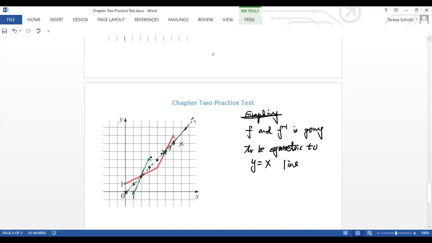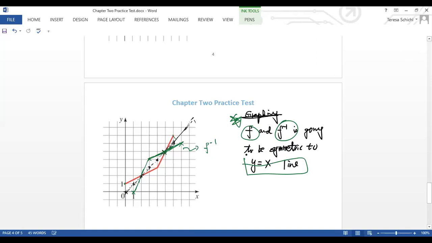So what is my graph here? This is my graph. This green one here is F inverse. Look here, it's symmetric to the y equal to x line. This is the part we need to remember very carefully. It's very important: F and F inverse are symmetric to the line y equal to x.